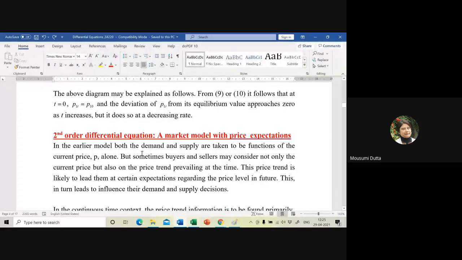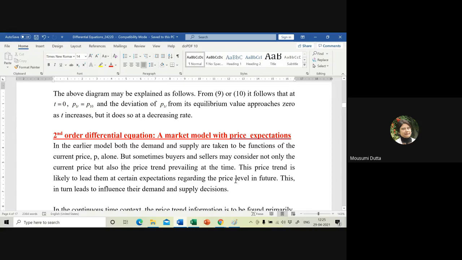In the earlier model, both the demand and supply are taken to be functions of the current price P alone. But sometimes buyers and sellers may consider not only the current price, but also the price trend prevailing at the time.